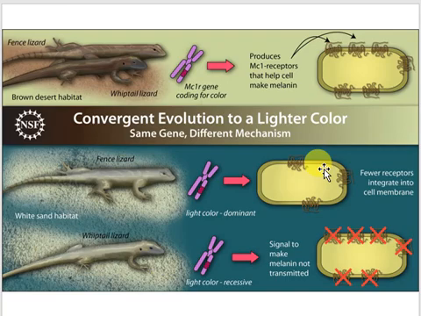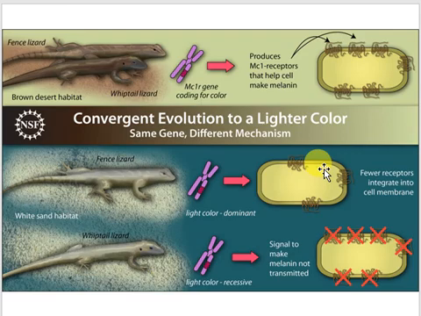And because you have fewer MC1 receptors, you have less uptake or production of the melanin, because you don't have that facilitation between your melanocytes and the receptors, so you get a lighter color.